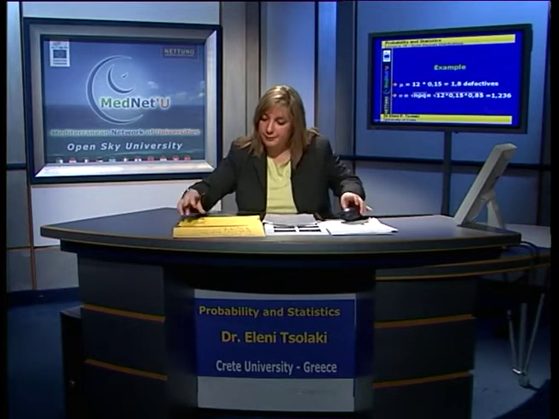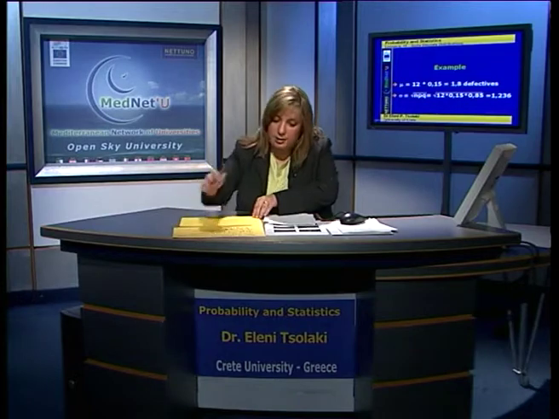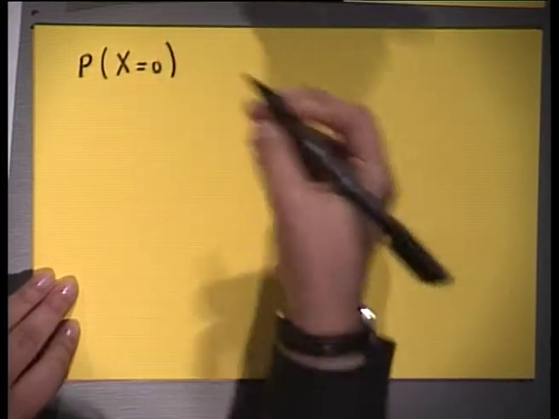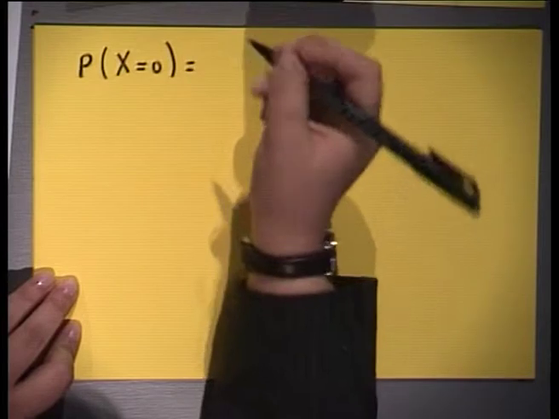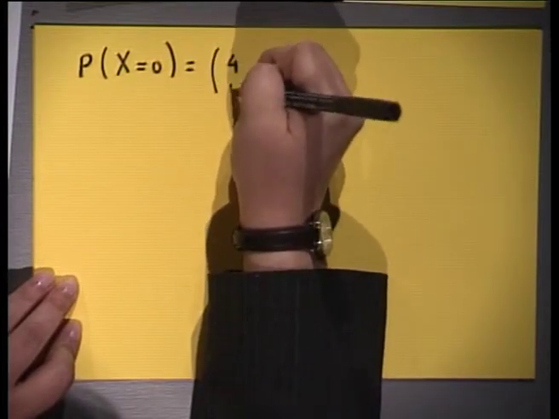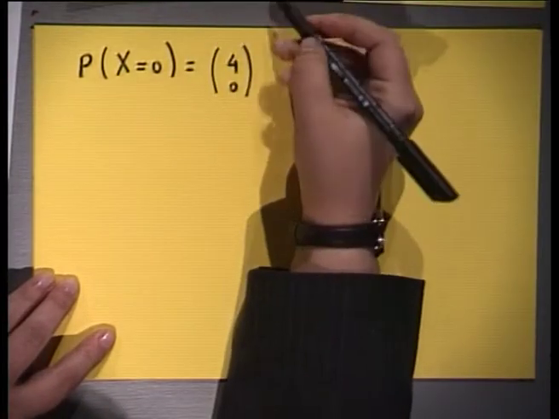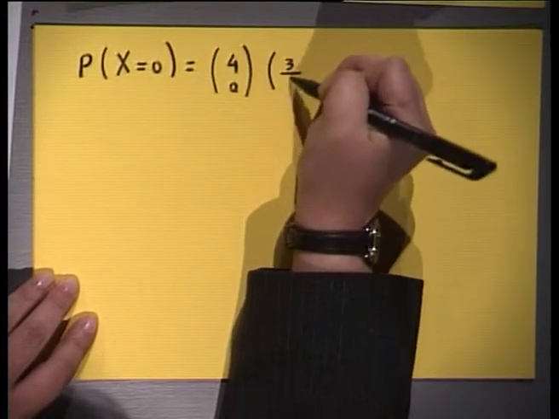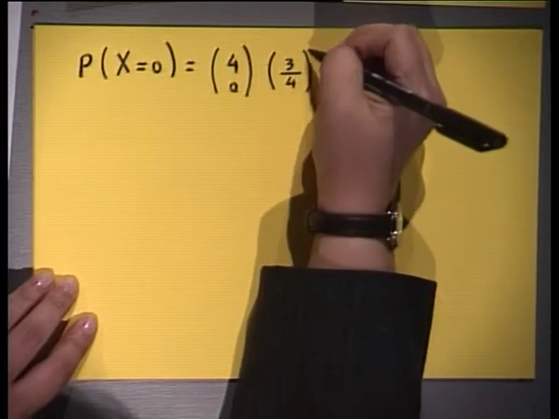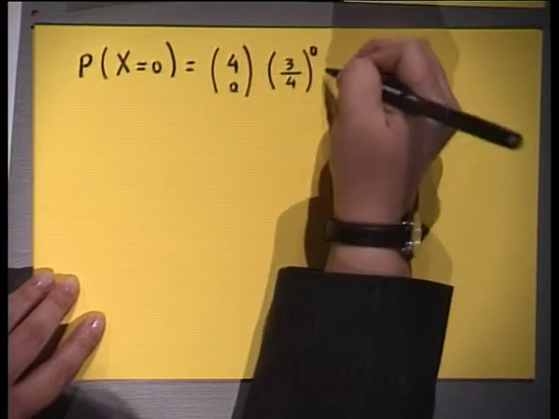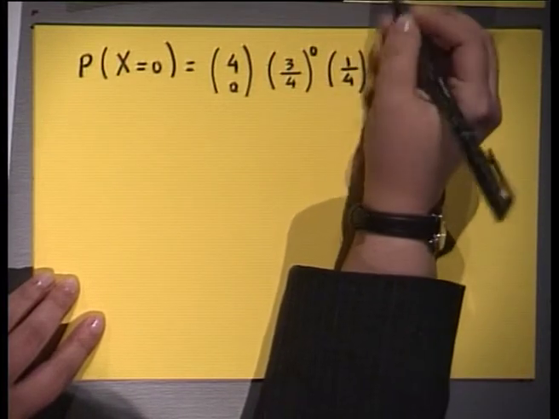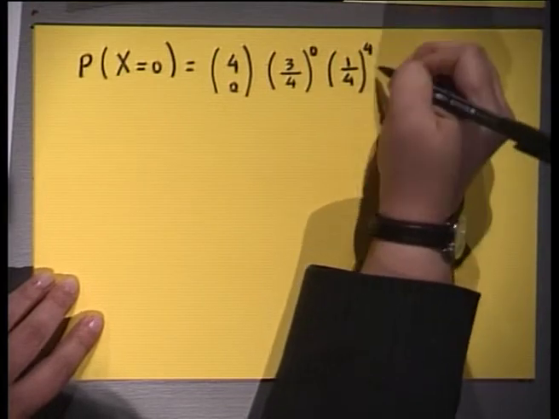We have that the probability of X equals 0 will be, using the binomial distribution, n choose x, p to the power of x, q to the power of n minus x.